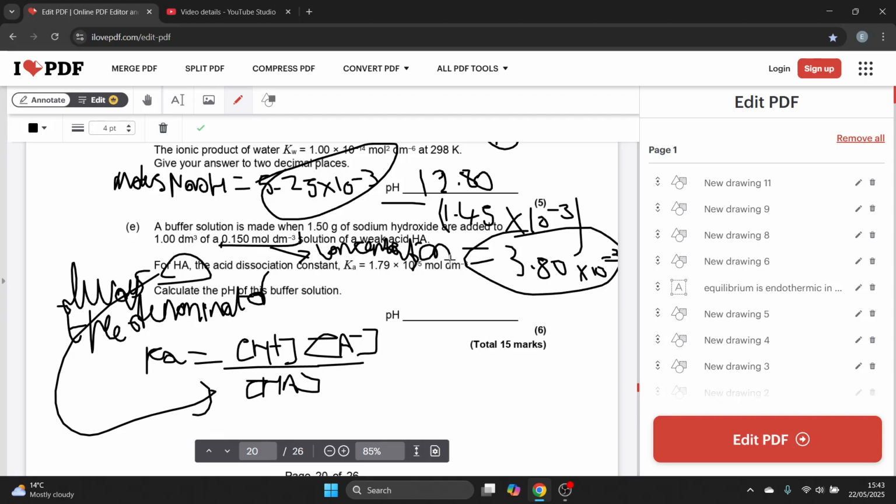But what I need to do is find out the H plus. Well, I know it's a weak acid as well.